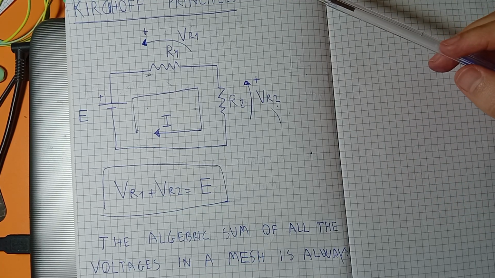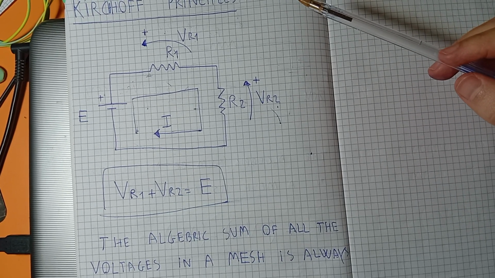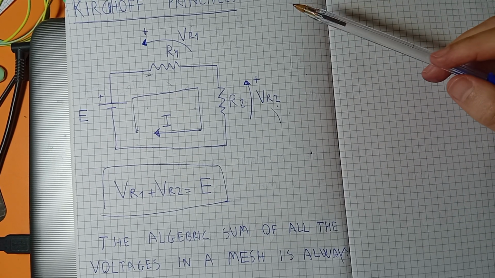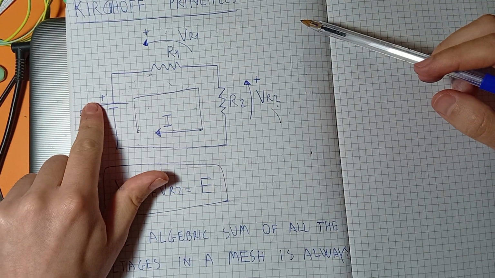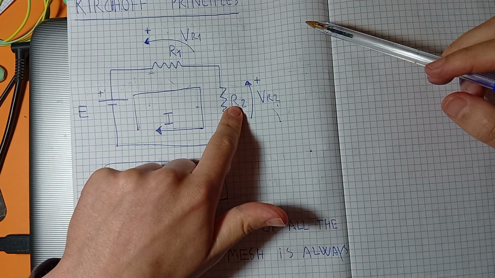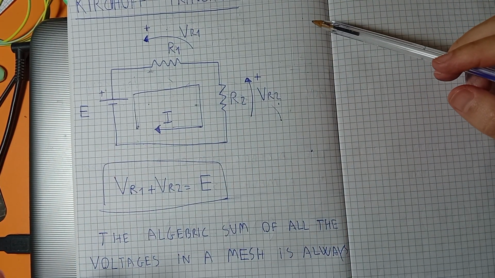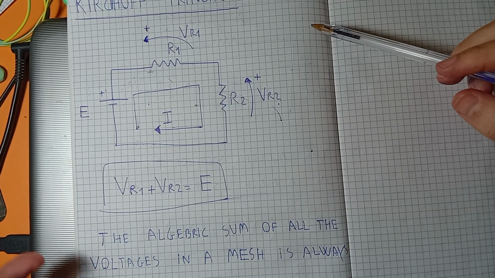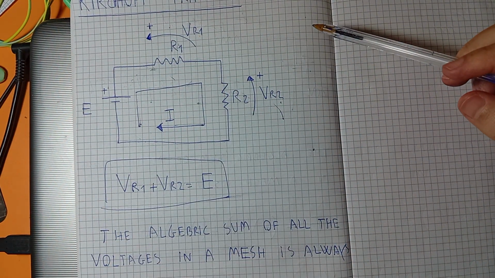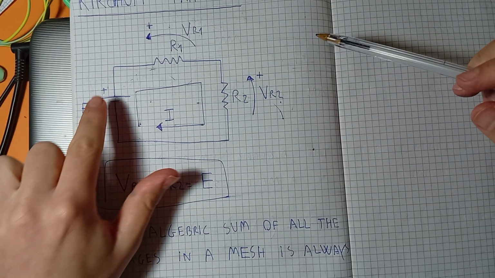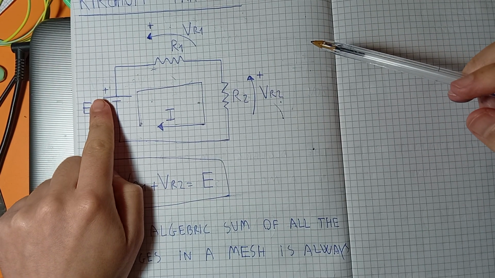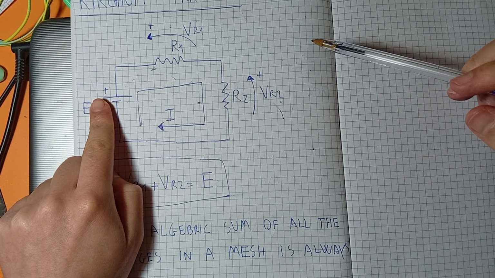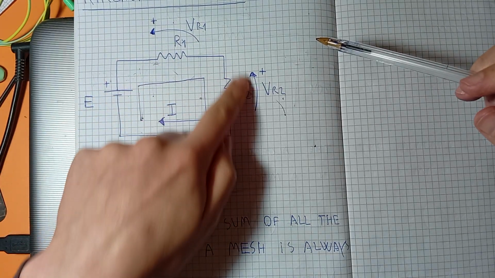Now, if I want to write the Kirchhoff equation, I have to understand this. So this is a voltage, this is another voltage, and this is another voltage. I have to look at all the voltages in the mesh one by one, and the voltages which are oriented in the same direction as the current are considered positive.